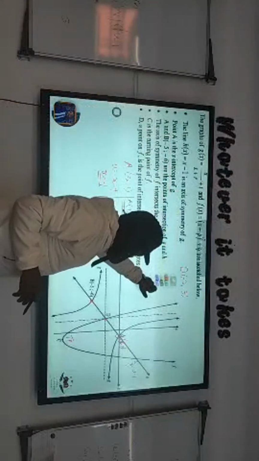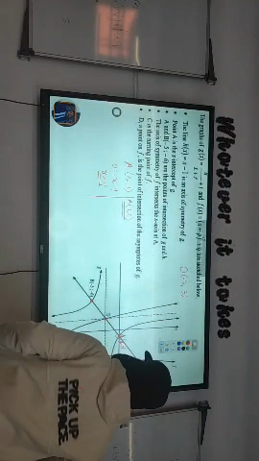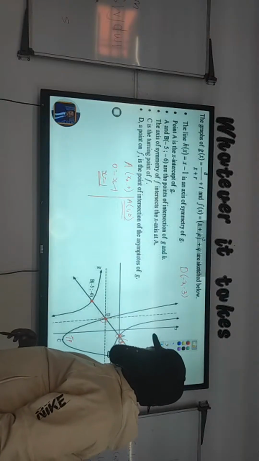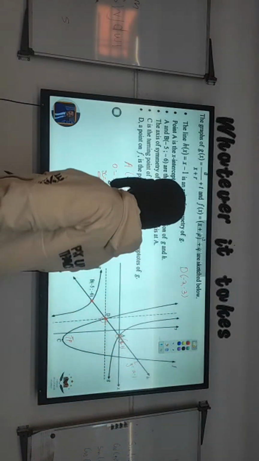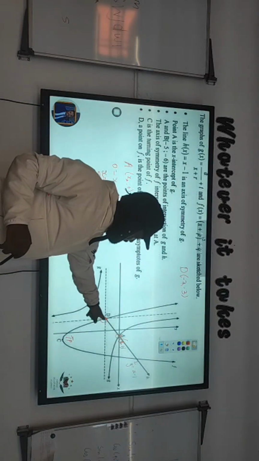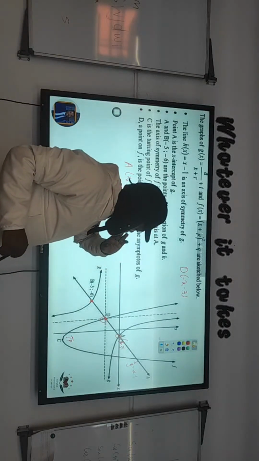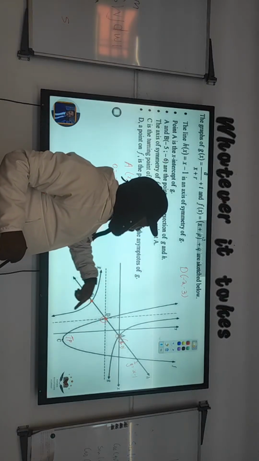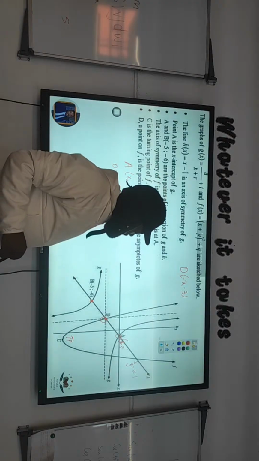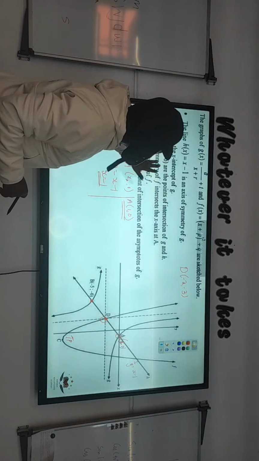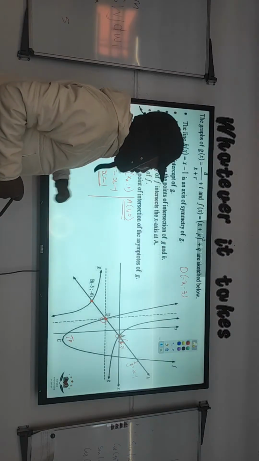Let's look at what's happening at D. Here is D. D is a lot of things, right? It is the coordinate of your point of symmetry, which has the 2 asymptotes. We don't know anything about the 2 asymptotes.